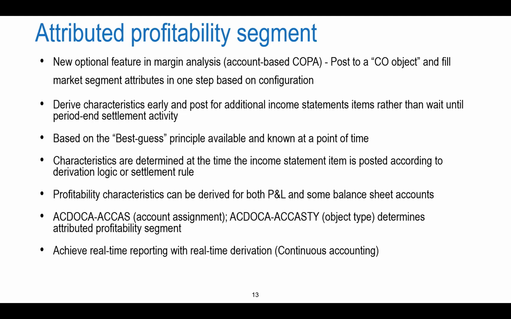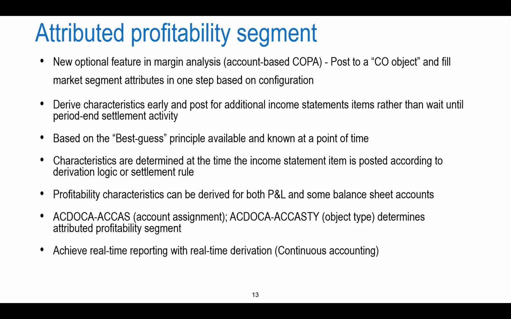How the statistics are determined is by the income statement items that are posted to the universal journal. Derivation rule or settlement rule, I'm going to show you both, and you can see the postings. The profitability characteristics can be for both P&L and some balance sheet accounts.